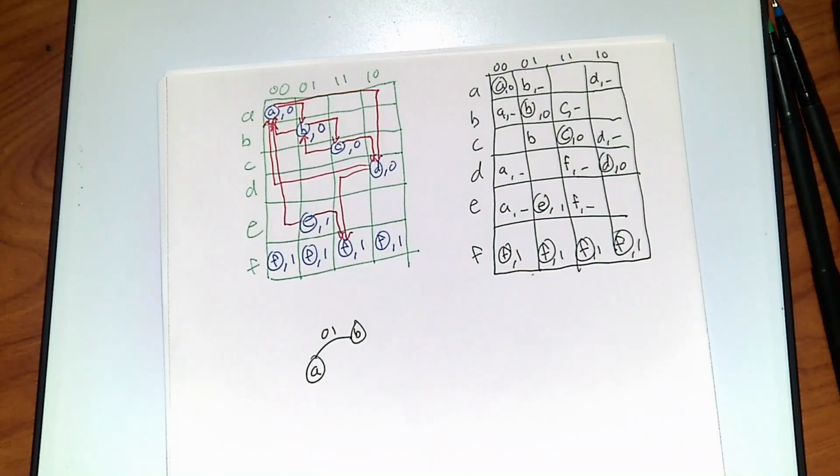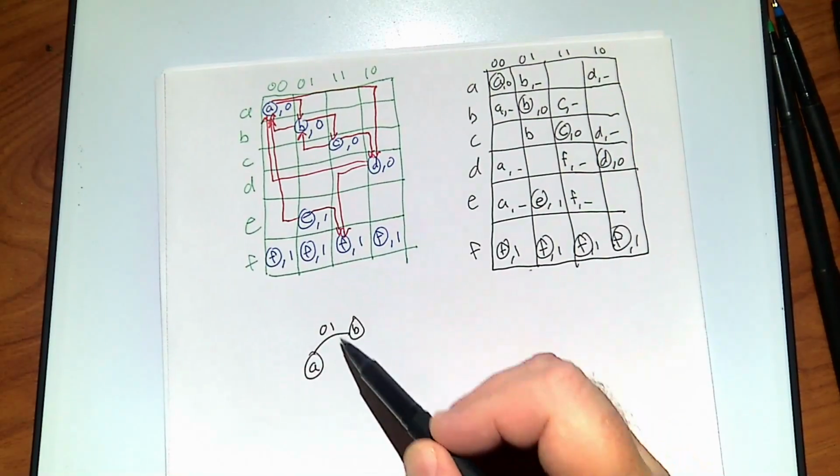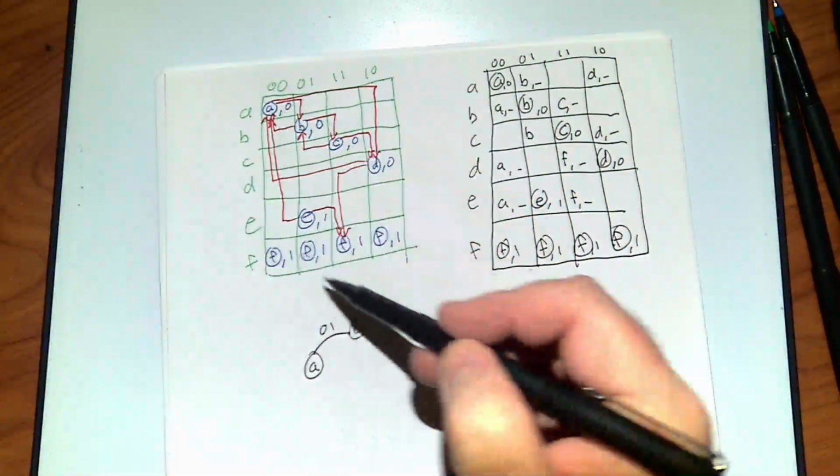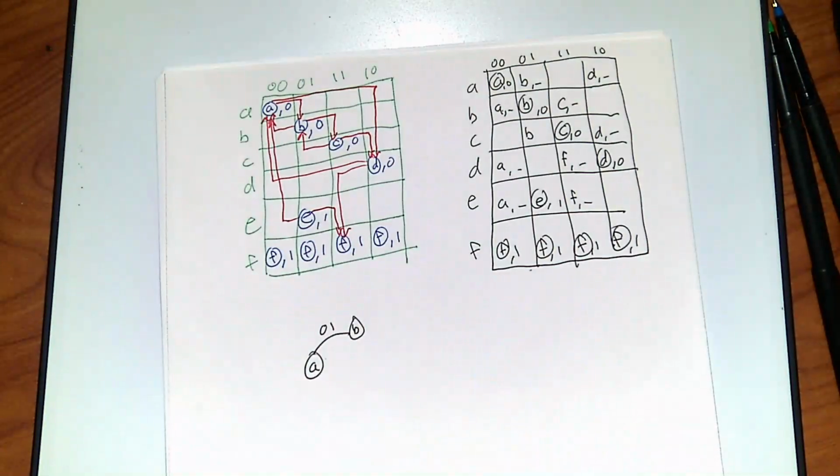And on a 0, 1 input, it goes to the second state. And on a 1, 0 input, it goes to the next. So I could actually also just have a list of records and a bunch of required actions. So it's sometimes nice to just redraw the graphs as a table.